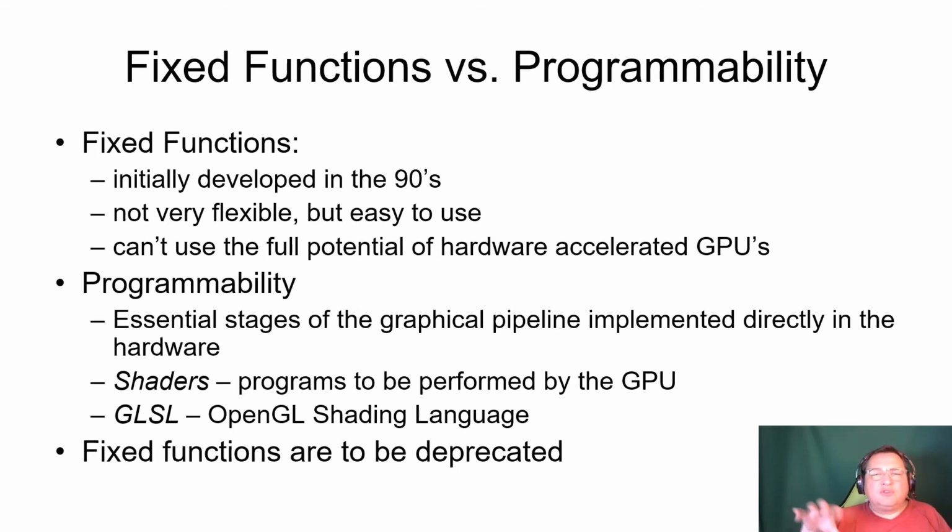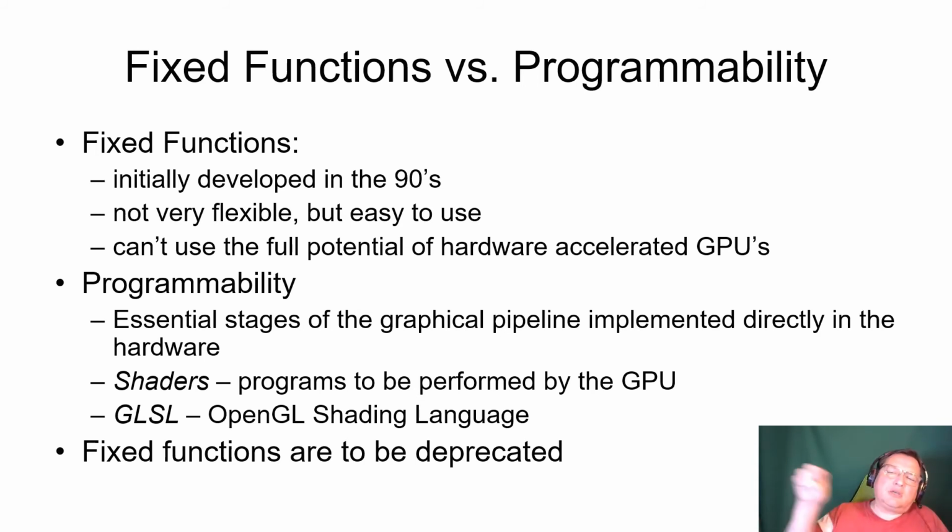They can't use the full potential of hardware-accelerated GPUs, and these fixed functions, with a few exceptions, are deprecated, in the process of being removed from OpenGL. They are replaced by the programmable functionality called the programmable pipeline, in which the essential stages of the graphical pipeline are implemented directly in the hardware.